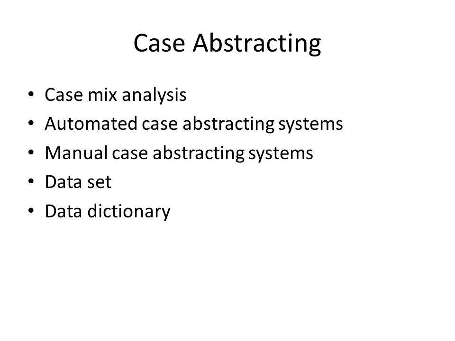So what happens when you do case abstracting? Case abstracting is an automated or manual process, usually performed by the HIM department, and basically this process is to collect patient information to determine what the patient's PPS, prospective payment system, would be. The automated case abstracting system allows healthcare facilities to calculate PPS reimbursements from the DRGs, the diagnosis-related groups.